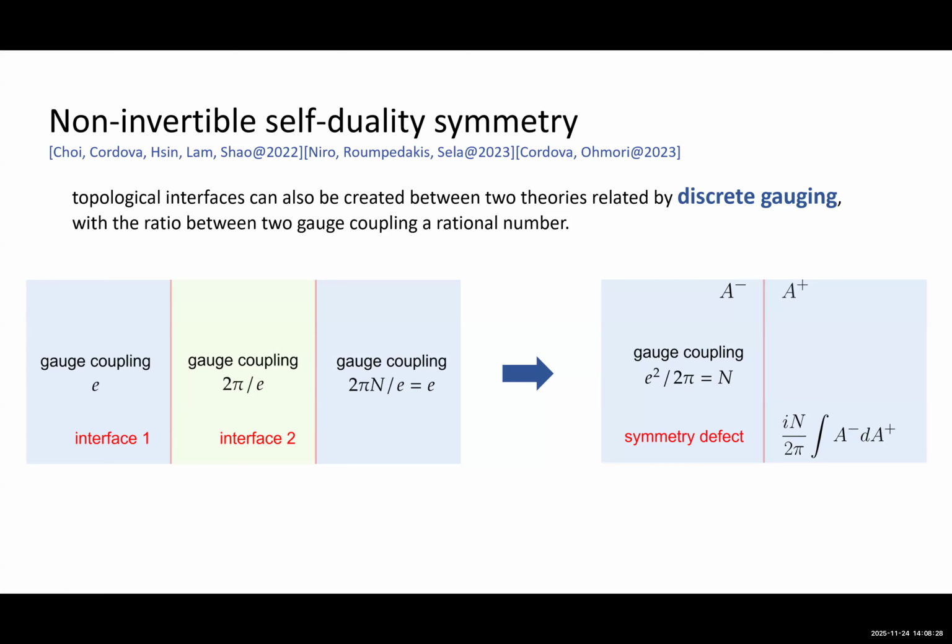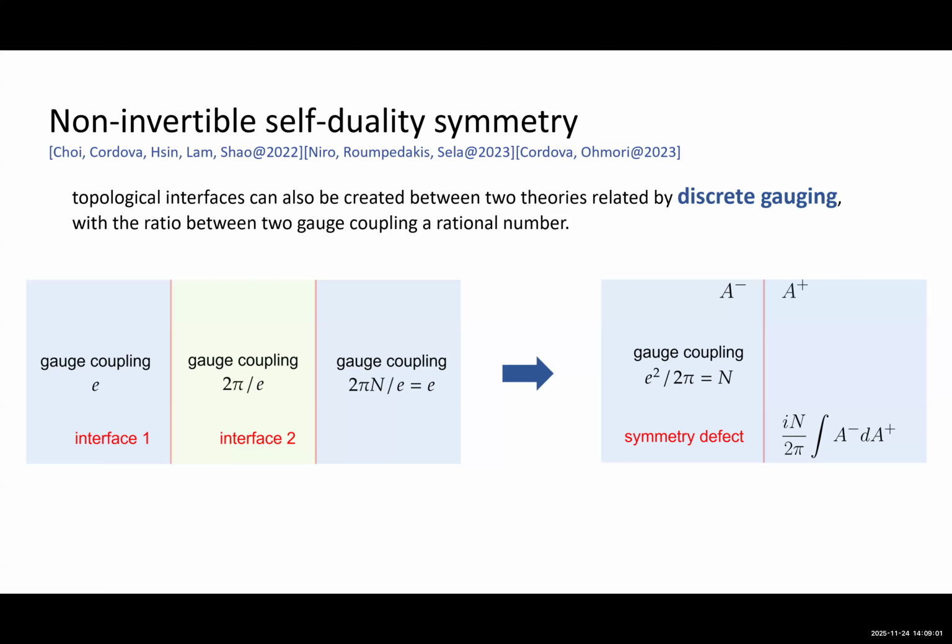And here we consider the example where we construct the first topological interface between the theories with gauge coupling e and its electromagnetic dual, whose gauge coupling is 2π over e. And then we consider the second interface between 2π over e and a third theory that differs from 2π over e by a factor of n, which is an integer. Now it happens that if the gauge coupling satisfies the condition that e squared equals 2πn, they can be identified as the same theory.